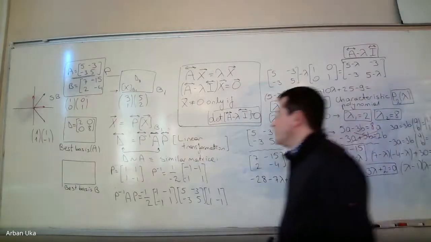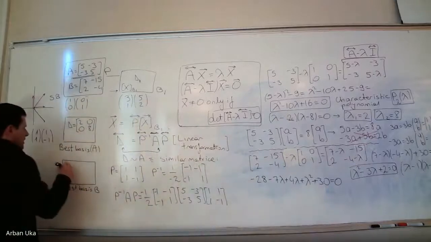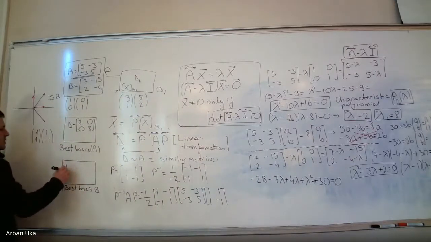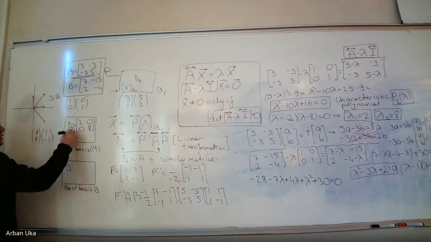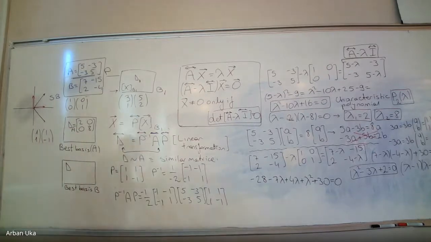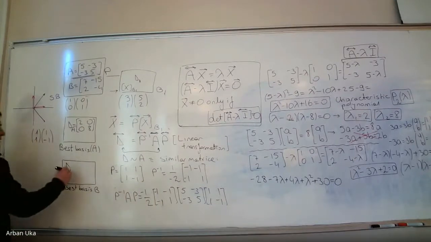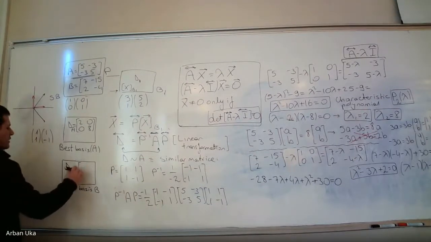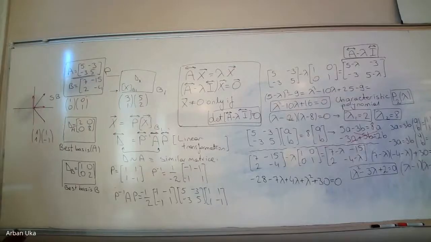Now we could immediately expect the diagonalization of B to be 1, 0, 0, 2. But we have to prove it, that the diagonalization of that matrix is that.